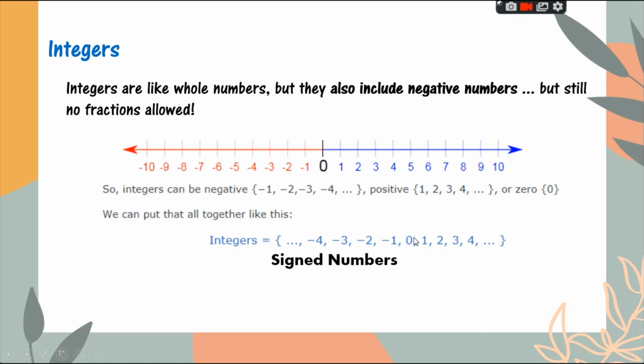This one carries a positive sign, so we can call this a signed number. So the other term for integers is signed numbers, or numbers that have a weight or a size. But numbers like 1/2, 1.1, 3.5, decimals, are not integers.